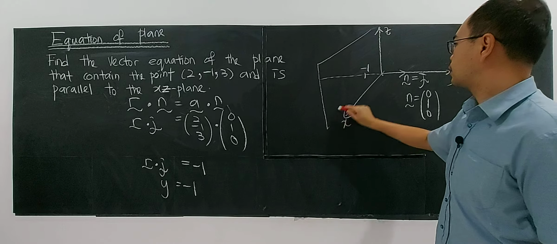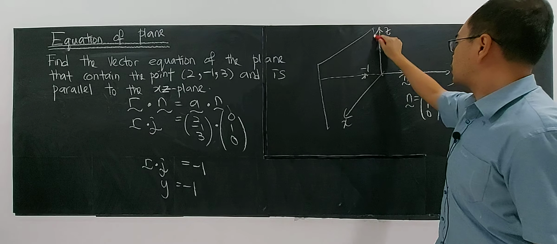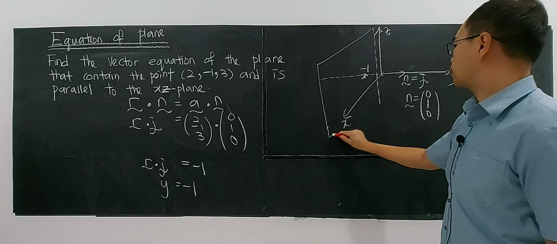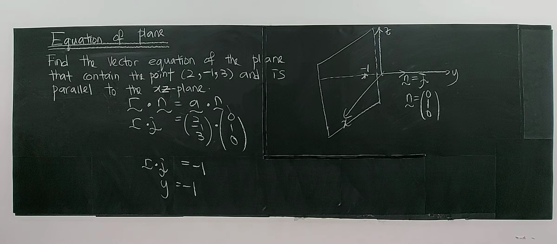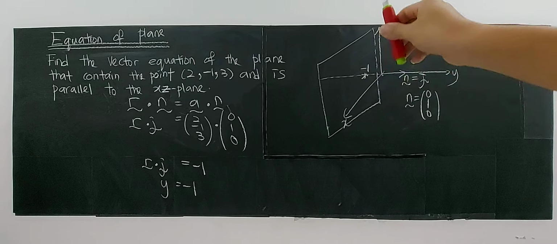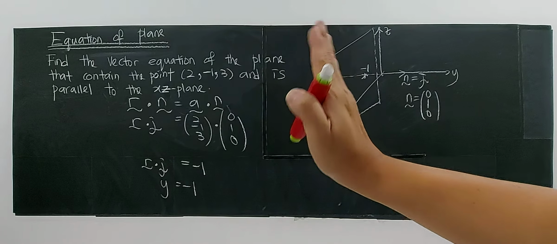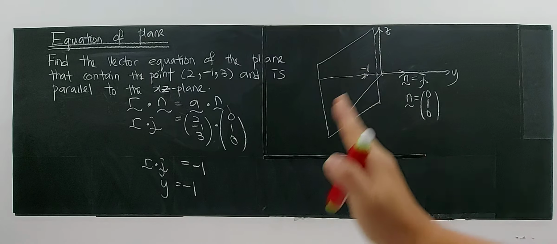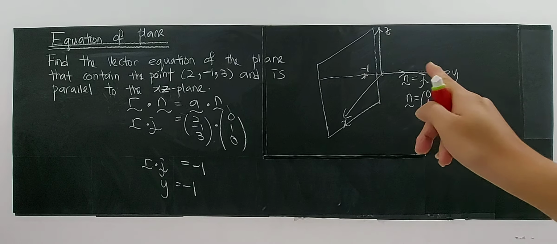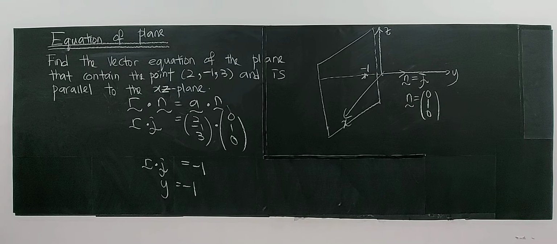It's a plane that is parallel to the xz plane. So it's hard to draw. So this is the xz plane. It will be on the -1. So this plane is parallel to the xz plane, which shares the same normal vector, right?